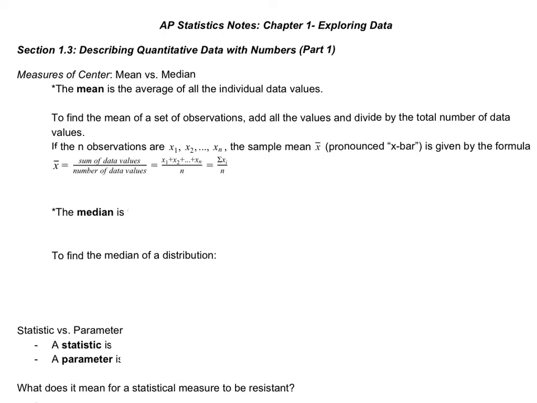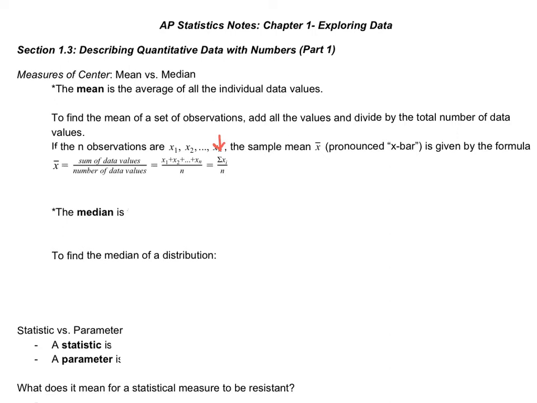The sum of your data values over the number of data values. So in the sum of the data values, you have your sigma. The Greek letter sigma right here on the top represents sum of. Hopefully you knew that from another course. So the sum of all the x's divided by n. Okay? So that's one measure of center, gives us an idea of a typical value in the set of data.